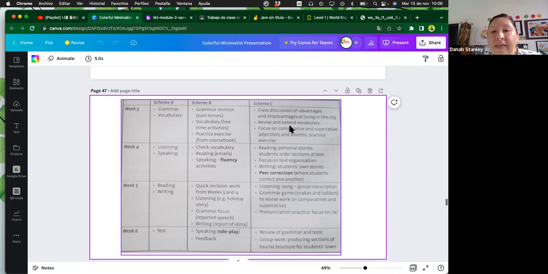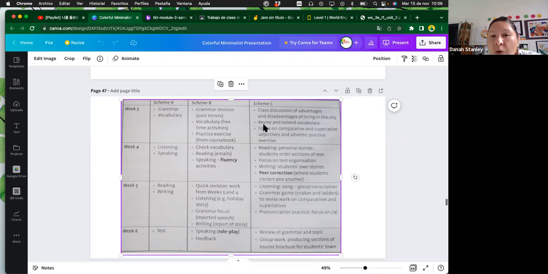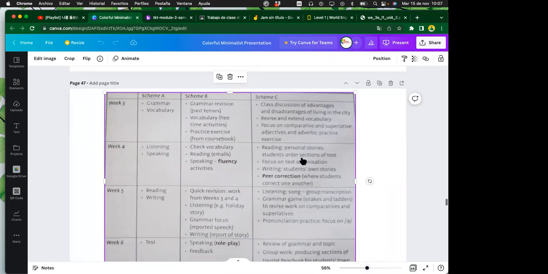If you find that, because in here is revision, entonces aquí qué podría yo preparar. A ver, Miss Stephanie, usted que ya es experta. No entendí la pregunta, perdón.